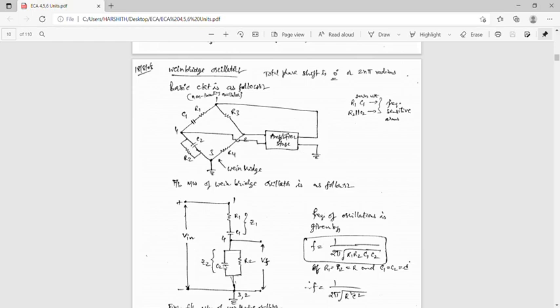This is because at very low frequencies it acts like a lead, while at very high frequencies it acts as a lag network. This is the Wien-Bridge oscillator.